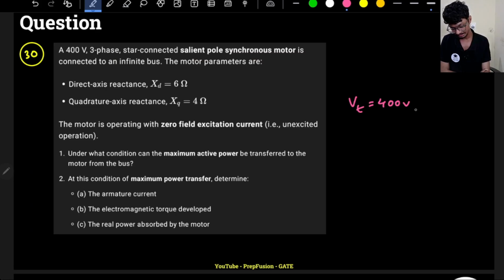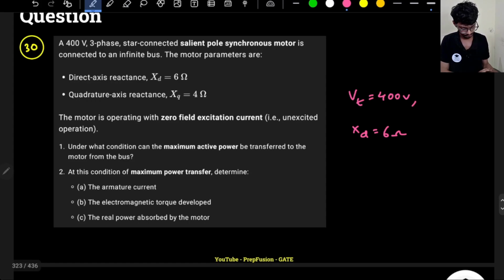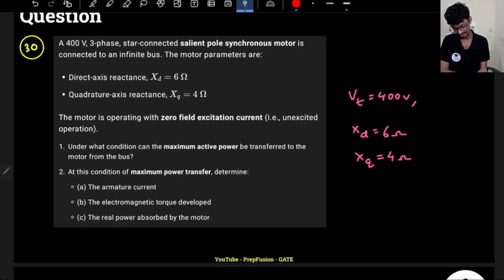It is a star connected salient pole synchronous machine, where xd is equal to 6 ohms, and xq, the quadrature axis reactance, is equal to 4 ohms. The motor is operating with zero field excitation, that is, it is unexcited.